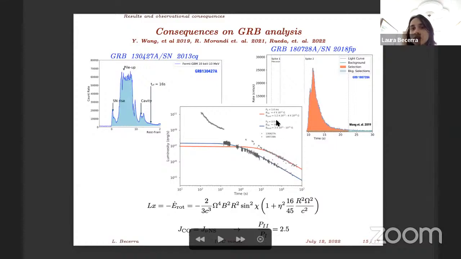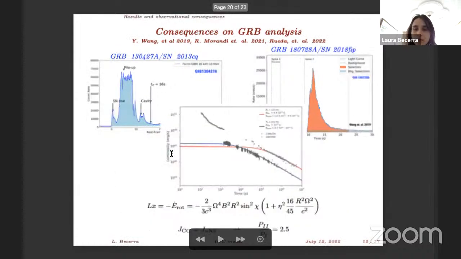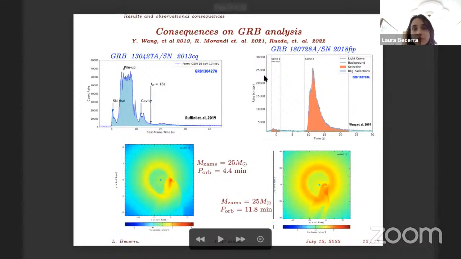And with this initial period, we can relate the initial period of the new neutron star with the orbital period of the binary system, if we assume that the angular momentum is conserved and is locked with the orbital period of the binary system.